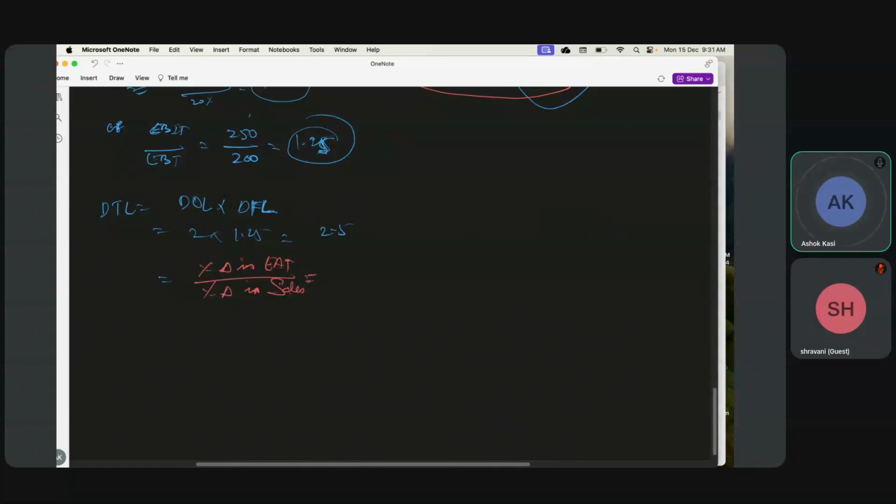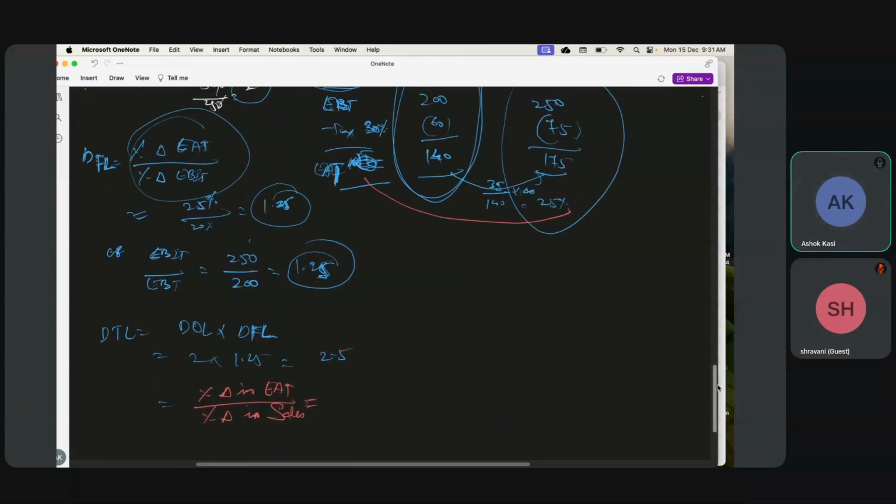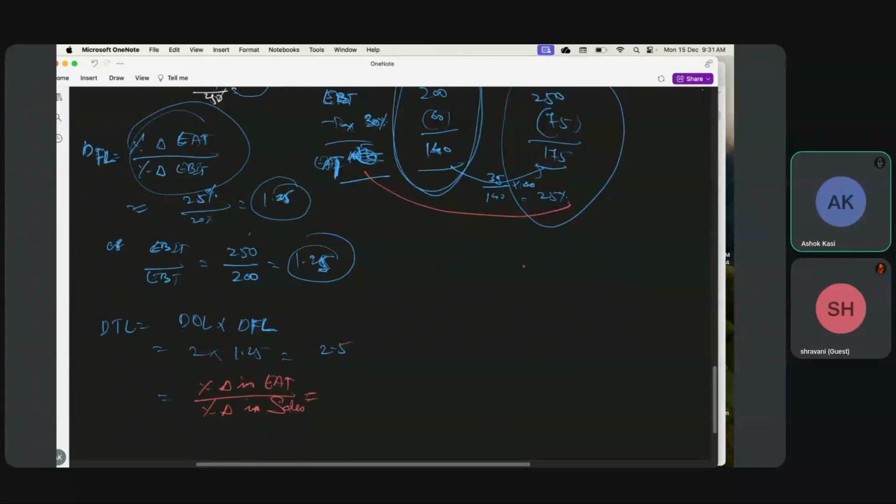Percentage change in earning after tax is 25% divided by sales. So that comes to 2.5, right? Which is what we got here.